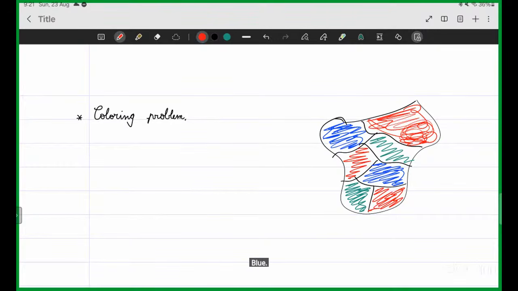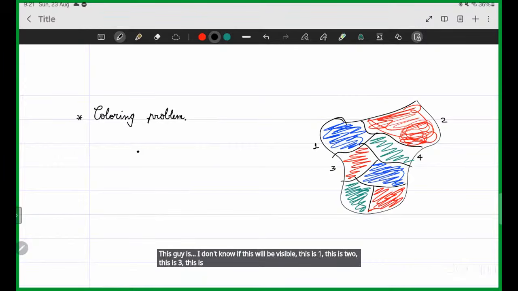Now, how do I transform this into a graph theory problem? So instead of the states, I will have vertices, right? So let's call this guy, I don't know if this will be visible, this is 1, this is 2, this is 3, this is 4. I hope what I'm writing is 1, 2, 3, 4, 5, 6, 7.